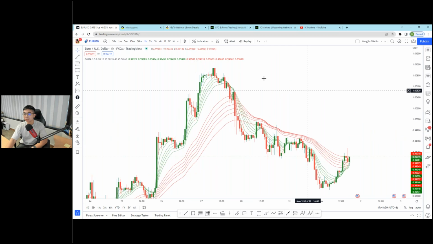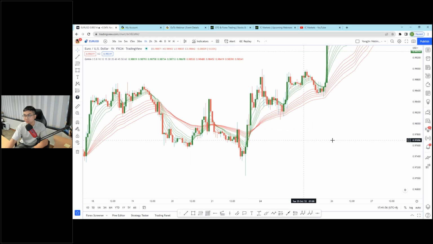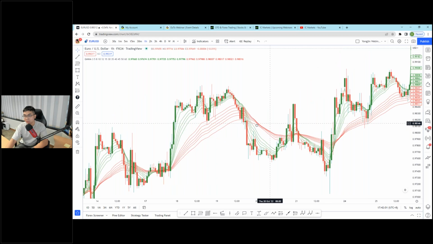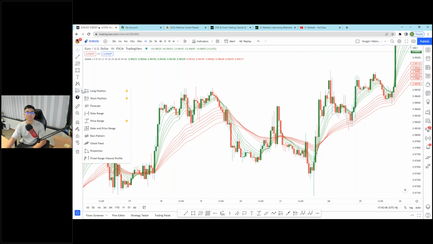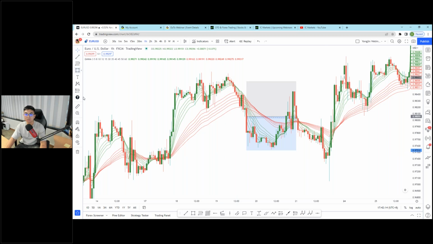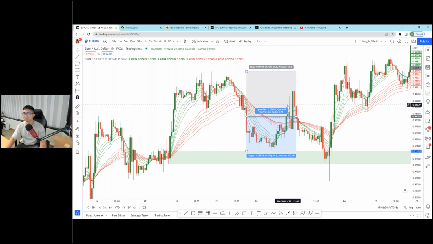So let me try to find a trade. Okay, I might use this. If you take a look at this crossover, and then you aim your take profit right here, and your stop loss at the very top once the crossover happened, this is actually a very, very bad example.